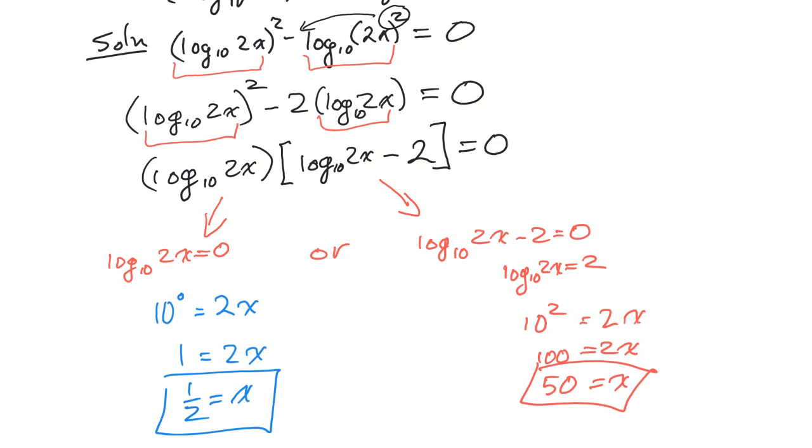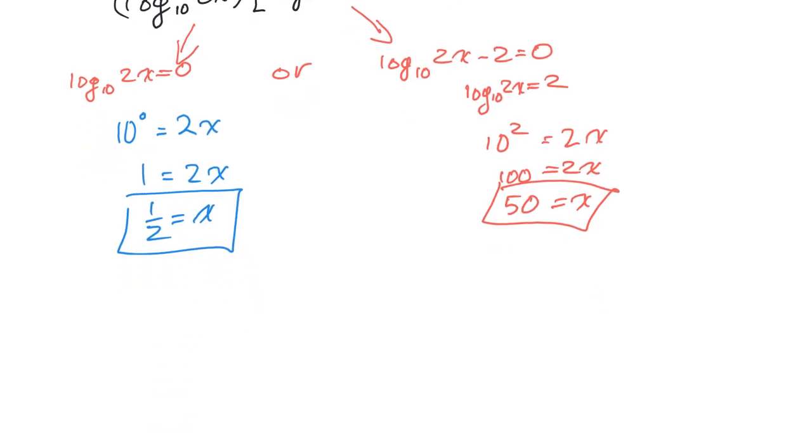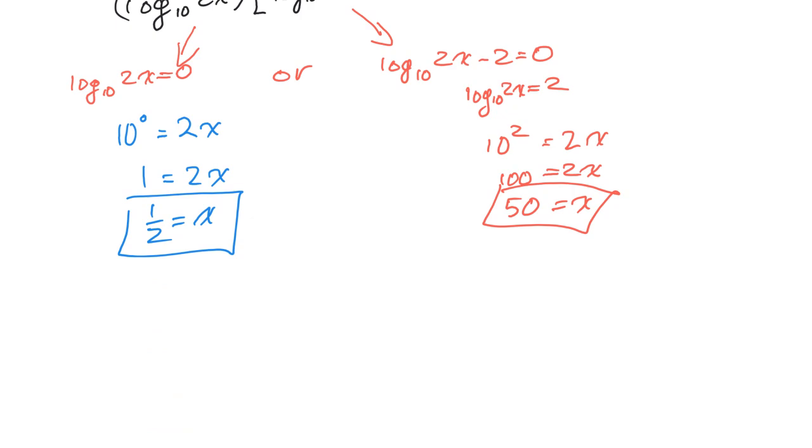So now all we have to do is check for both 50 and 1/2, and you find that both of them work. You would check just like we did in the past one, but I'm not going to do it this time.